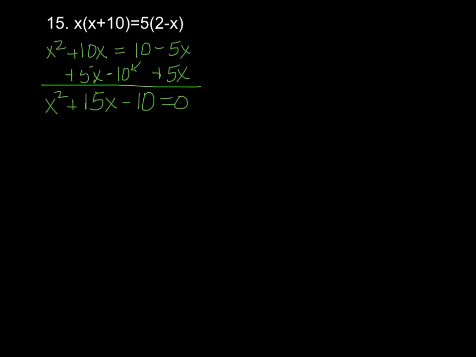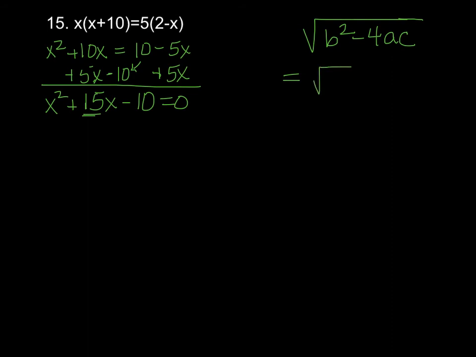Now, we can look at this one of two ways. We could do the whole quadratic formula, or if we look at the nature of the roots, really what we have to do is just look at the part that's underneath the square root, which is the b squared minus 4ac, because that will give us the nature of the roots, and I'll go into that a little bit more in a second. So if we look at this, our b is 15 right here. That's our b.